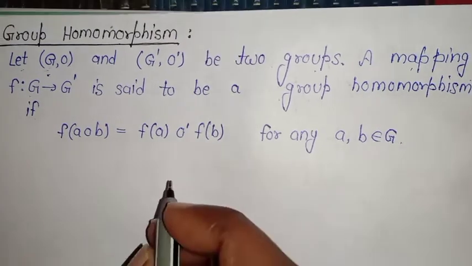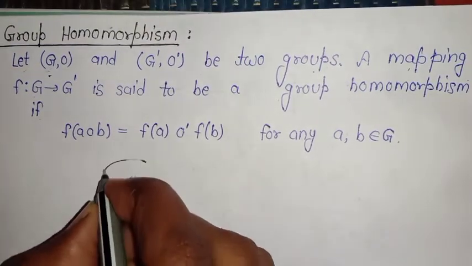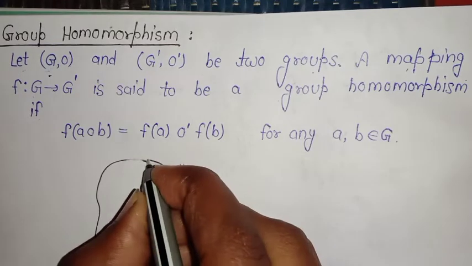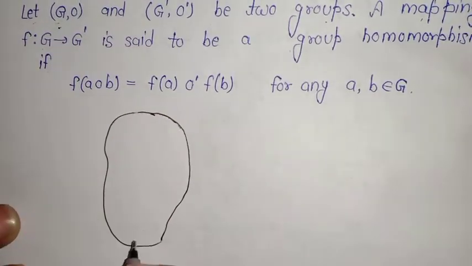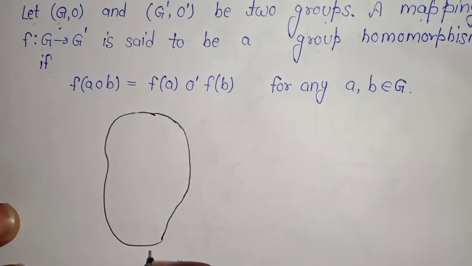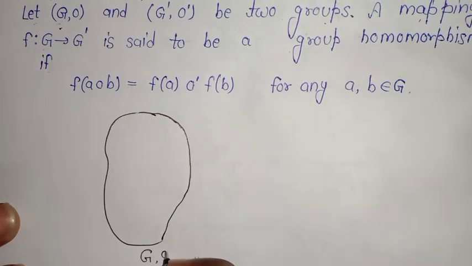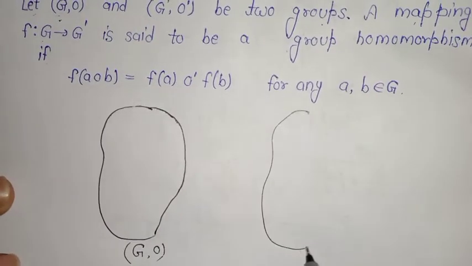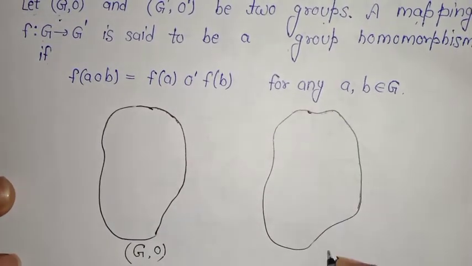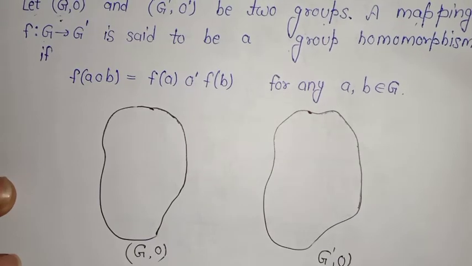For example, if we understand it graphically, suppose this is our first group. I am just assuming it so that you can understand the definition of homomorphism. This is given with the binary operation o, and this is our second group, G' with o'.